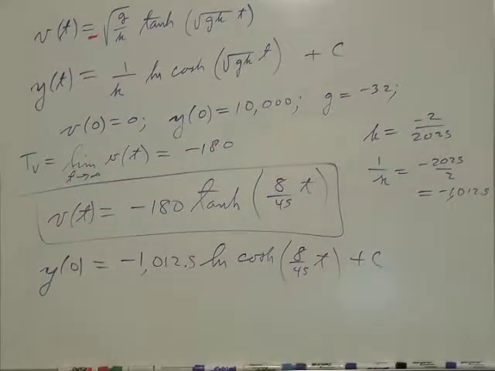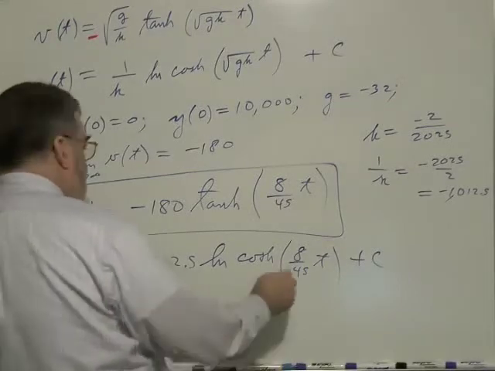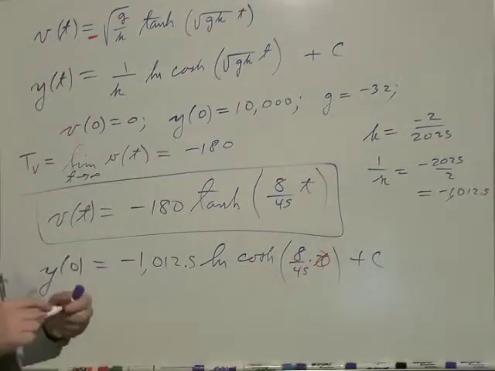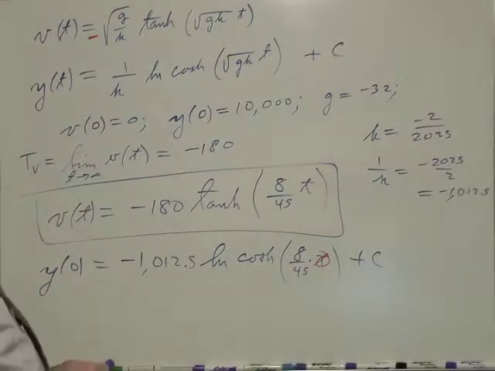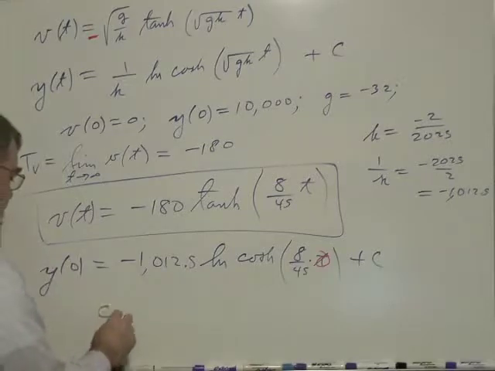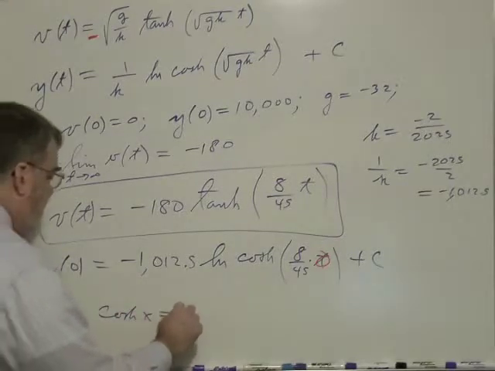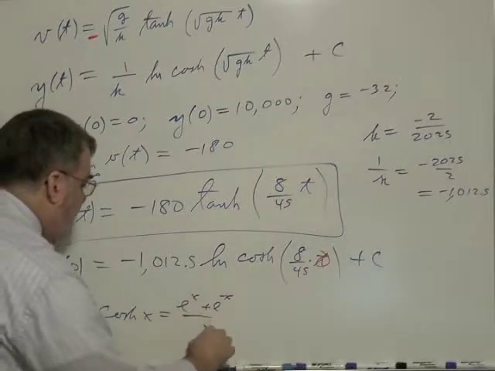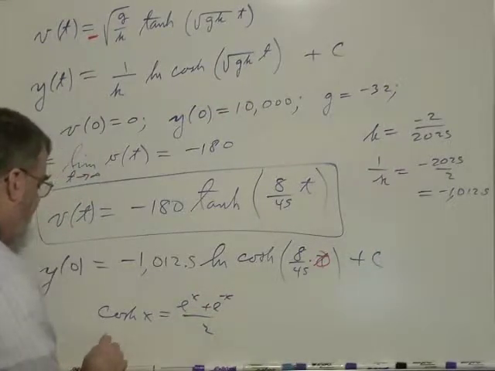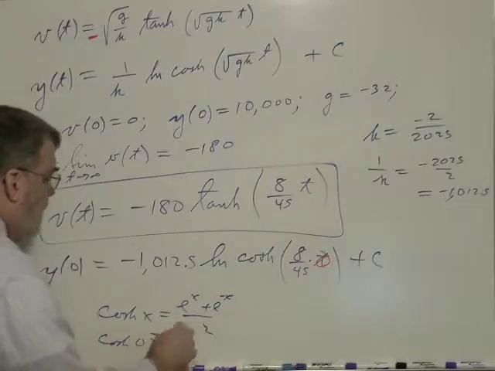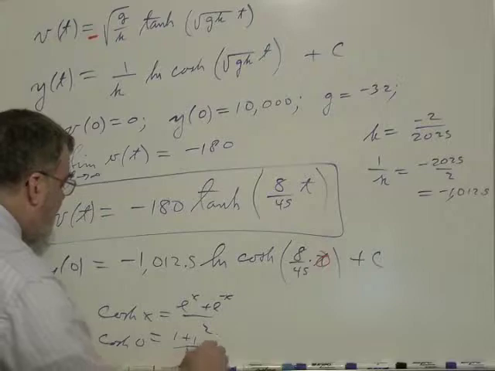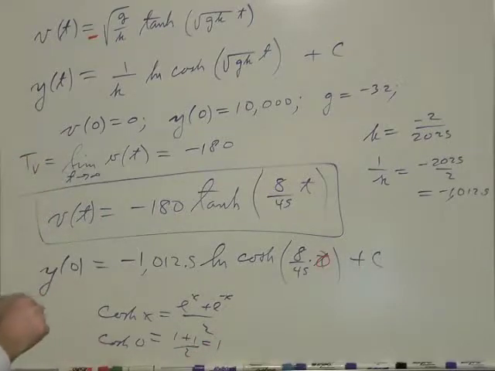And when I let t be equal to 0, 8 times 0, this is the cosh of 0. So what is the cosh of 0? Alright, remember that the cosh of x is e to the x plus e to the minus x over 2. So the cosh of 0 would be e to the 0 plus e to the minus 0. That would be 1 plus 1 over 2, which is 1.